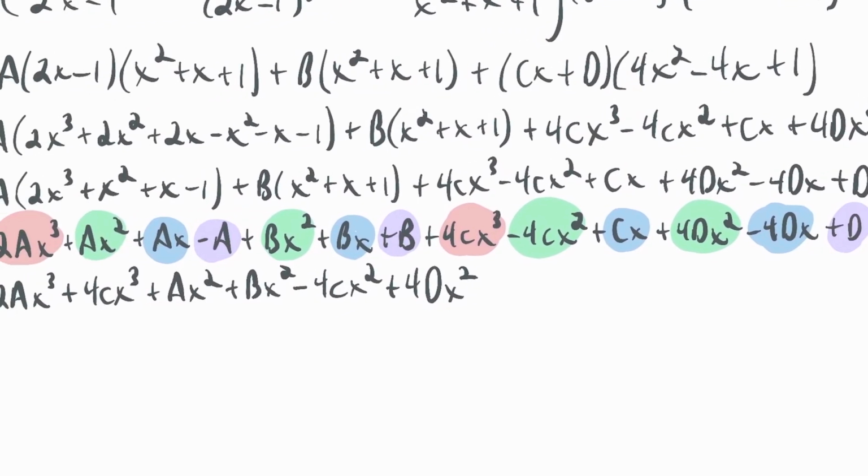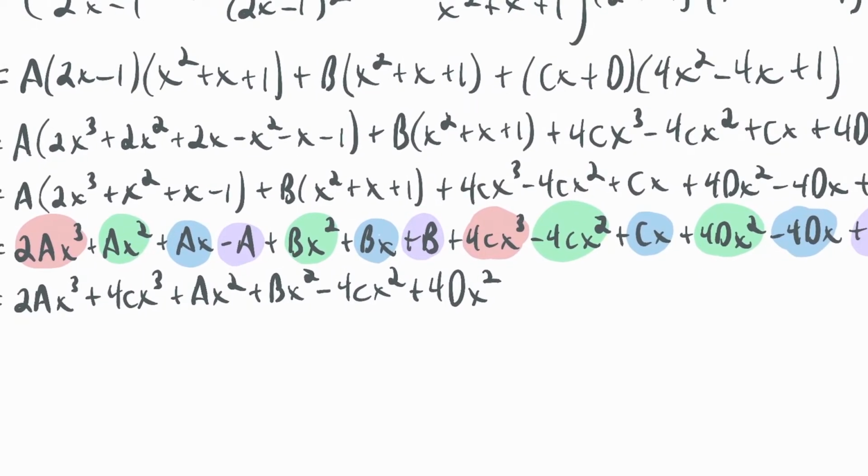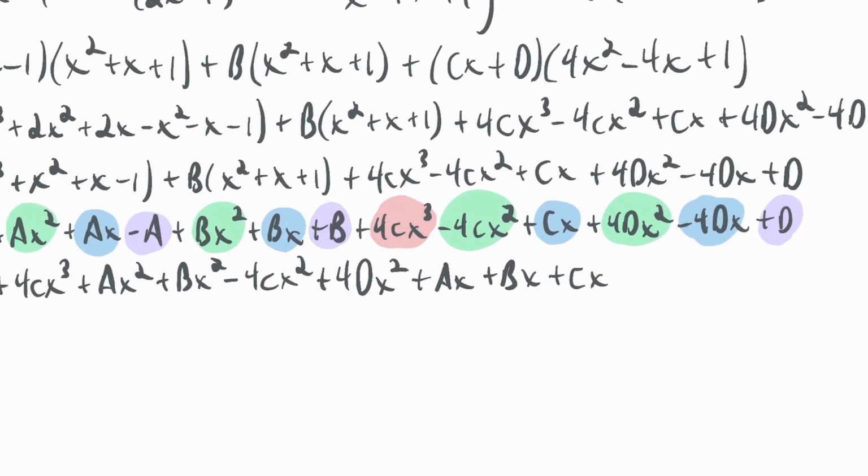Okay. So now linear, the blue one, so plus ax plus bx plus cx minus 4dx.